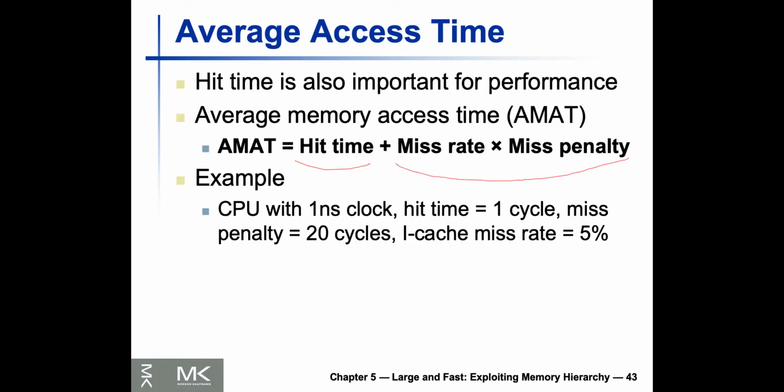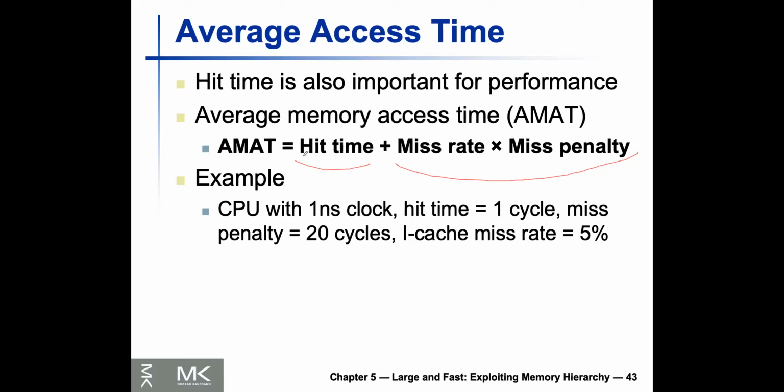To compute that, you have the hit time plus the miss rate times the miss penalty. But assume you have multiple levels of cache, this gets multiplied by the miss rate and miss penalty of L1, and then L2, and then L3.